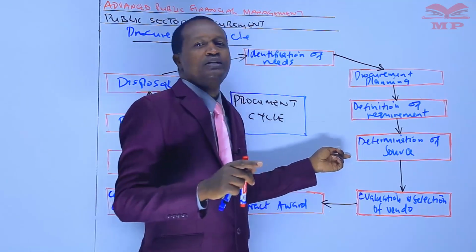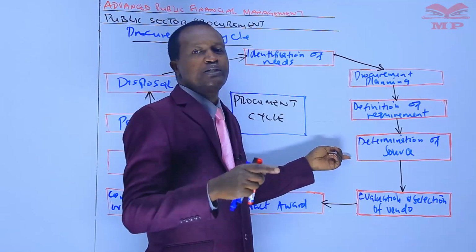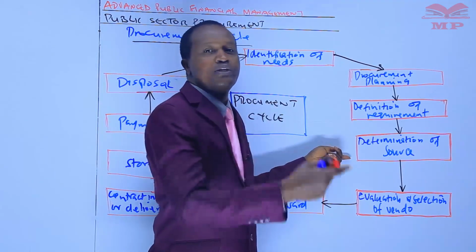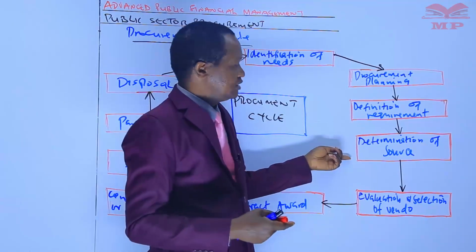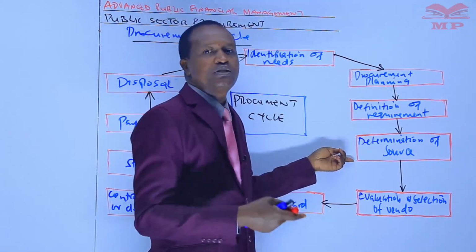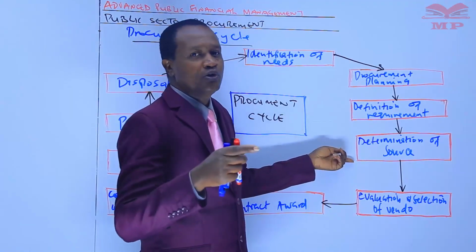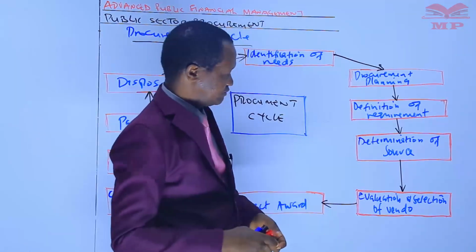This is the phase where the procedure for soliciting of the bids and the choice of the procurement method is determined. It is here that we have preparation of specifications, we have the bills of quantities and conditions of contract also being addressed.